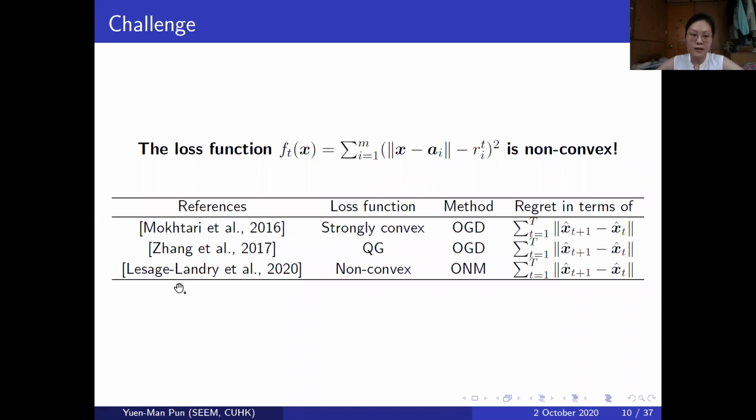Later, in Lesage-Landry's work, they proved for non-convex functions using the online Newton method a similar regret bound. So in our work, we would like to exploit the structure of this loss function. Even though it is non-convex, we want to show that using online gradient descent, we have a similar regret bound.